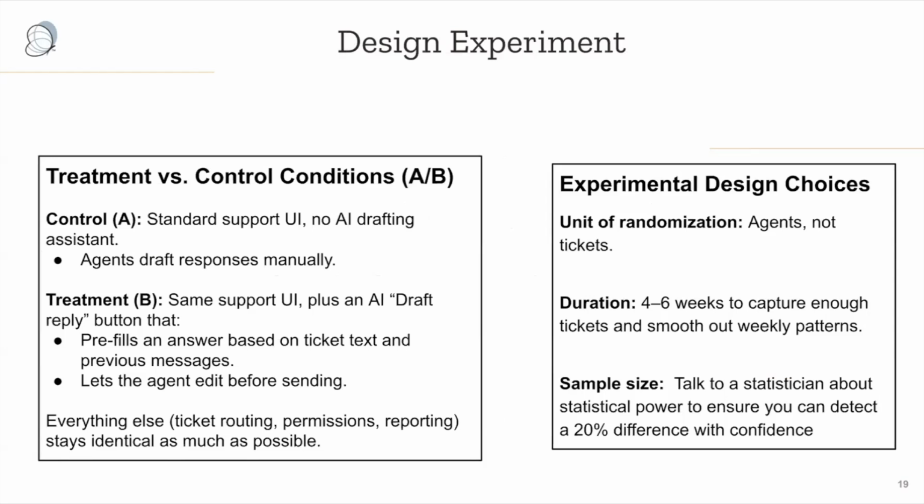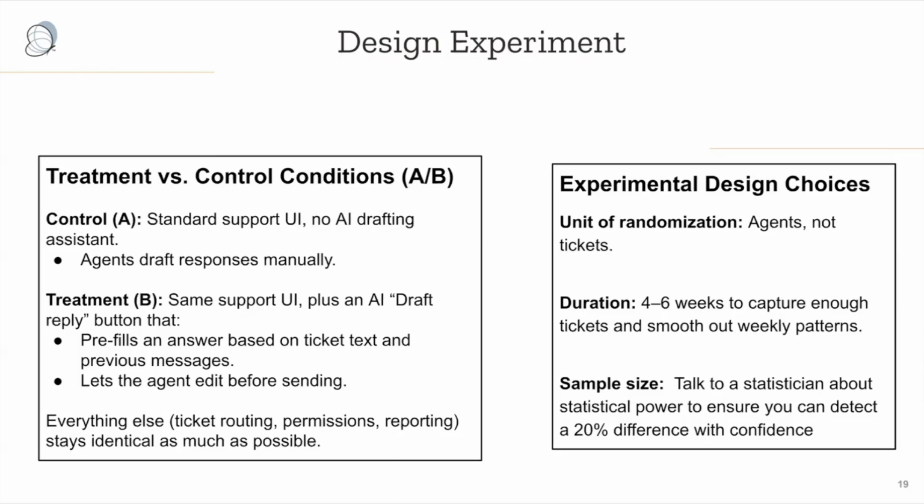You have to do a couple of things. You've got to figure out what your treatment and control conditions are. You're just doing A/B testing, right? Which is a very common term in industry. So the control group is we're going to give people the standard user interface with no drafting assistance. Same interface, right? Then the treatment condition, they're just going to get a little button that says, hey, draft a reply. And that's going to pre-fill an answer based on the ticket text and previous messages.